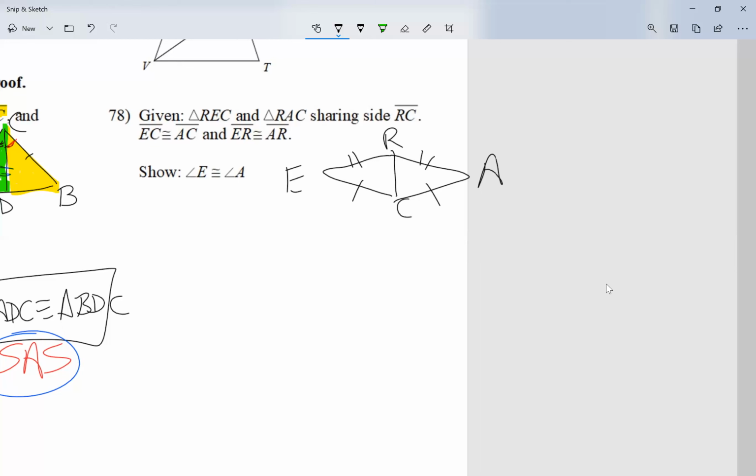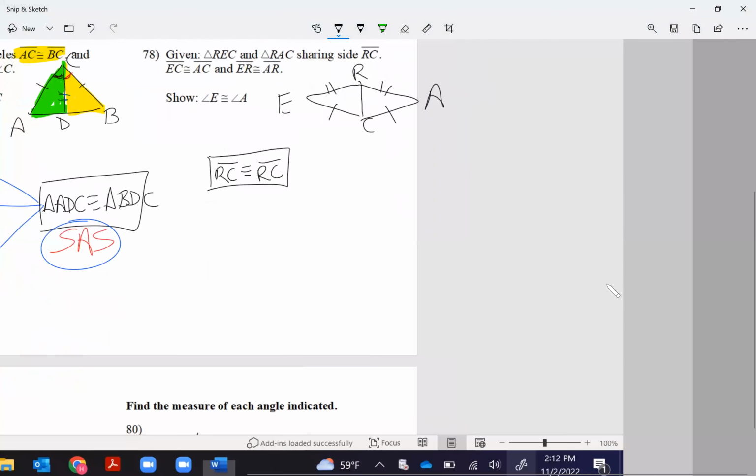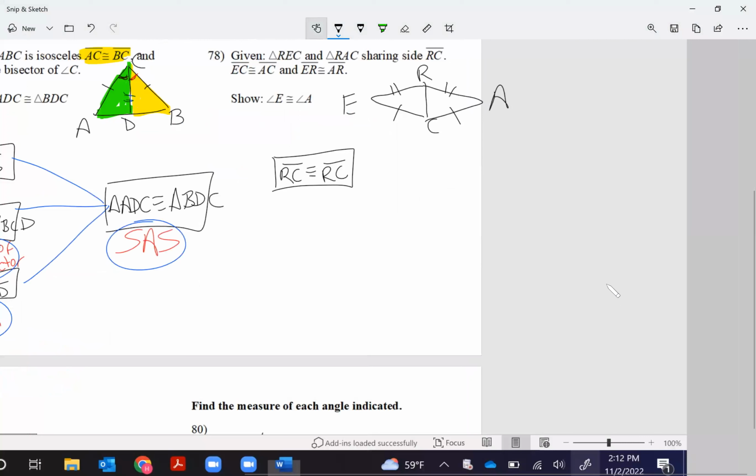Okay, so let me complete this. Let me start with a few things. One thing I'm gonna say is RC, the side RC, is congruent to the side RC. It's a statement that I'm gonna give you guys. Like I said, I'm gonna start the flow chart.